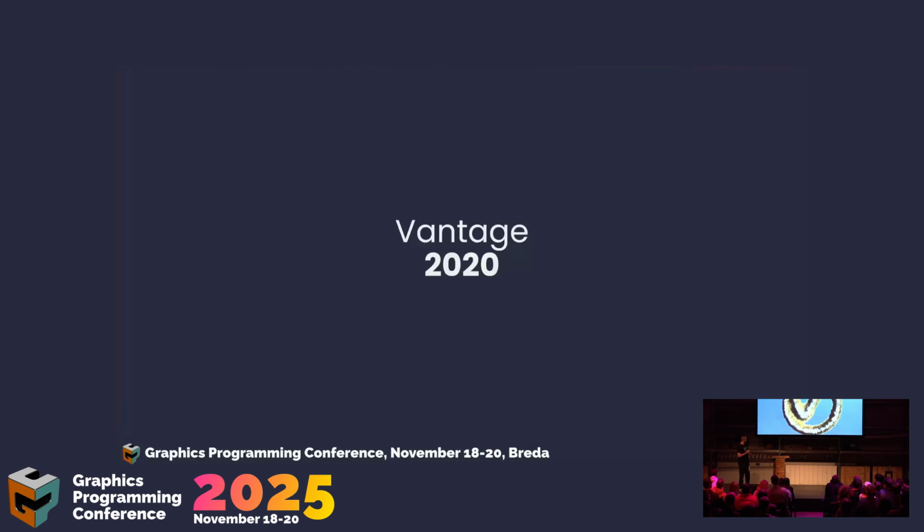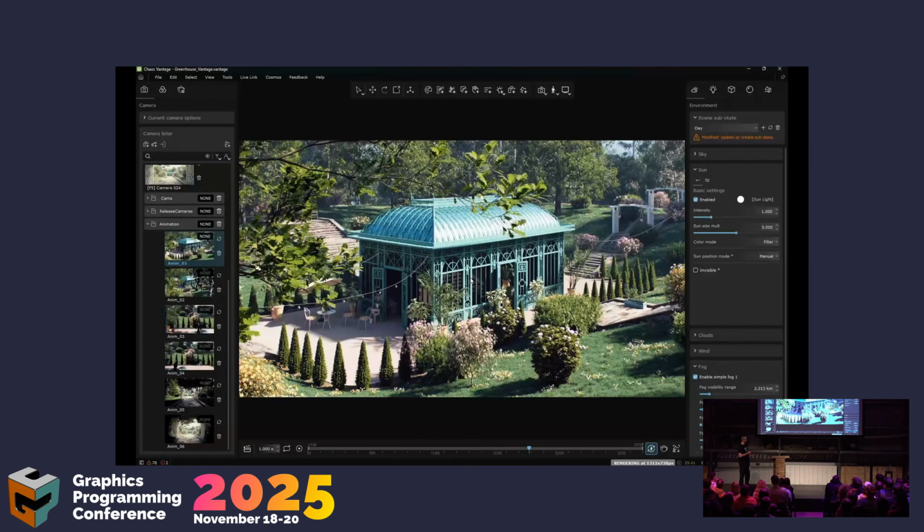Okay, let's continue. A couple of years later, using this rendering engine, we integrated it in our product Vantage, and it was officially released to the public. In Vantage, we have a UI and a viewport in which we see the results from our real-time rendering, and with the UI, the users can modify their scenes, which are created for V-Ray.